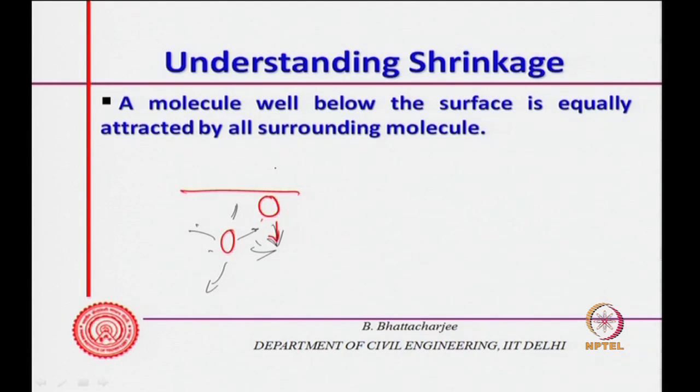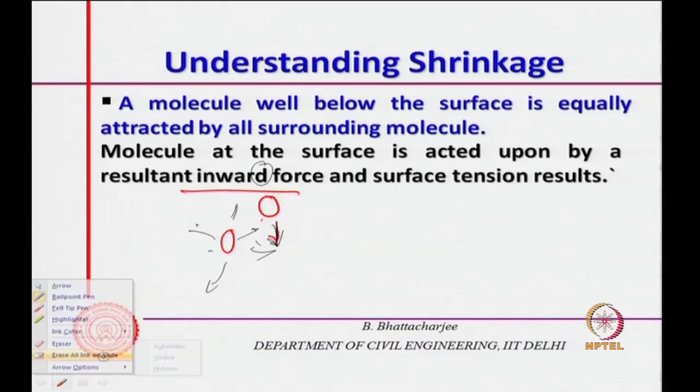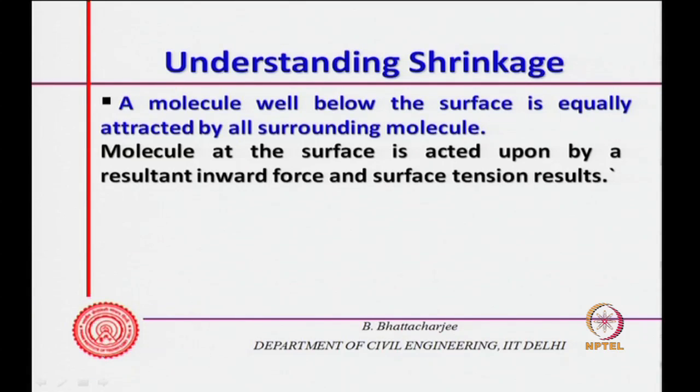So, if I bring in some liquid here, a liquid molecule which gets absorbed at the surface, then the downward force will get reduced. So, a molecule at the surface is acted upon by a resultant inward force and surface tension results.